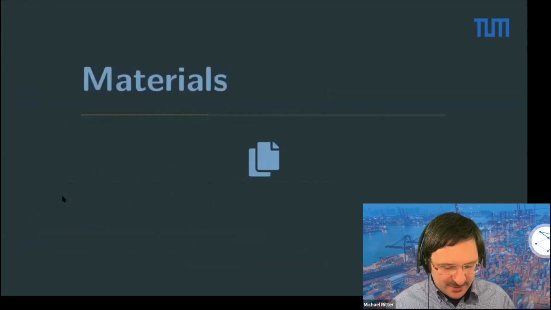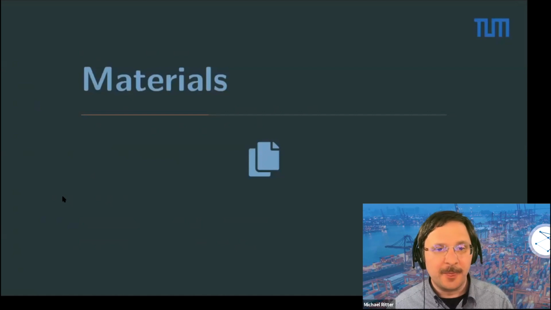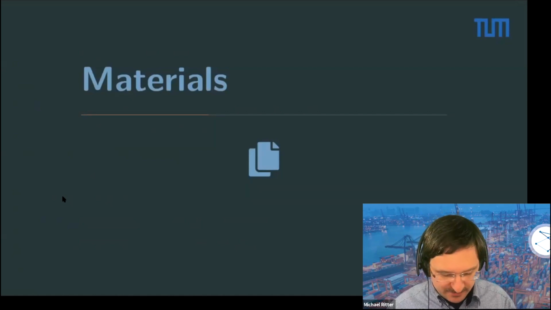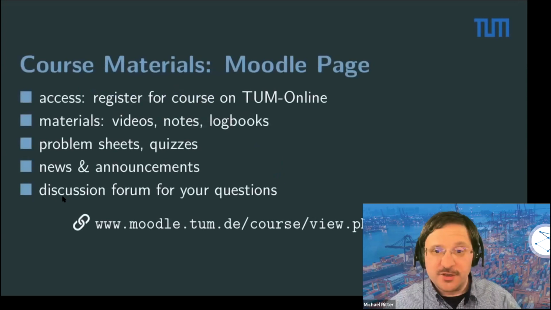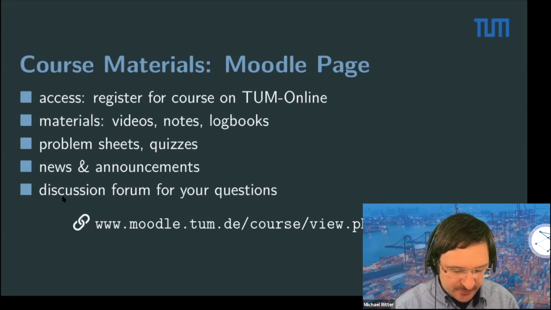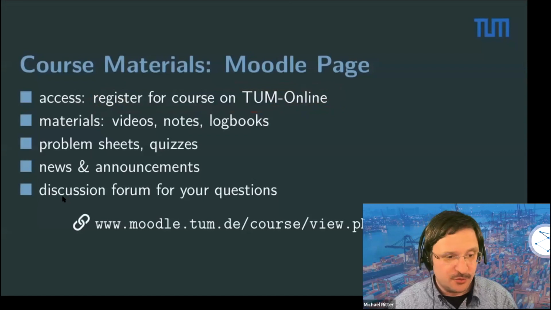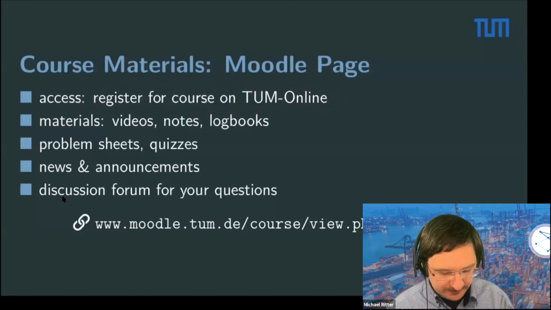Okay, so that much about the contents. Materials, that's not different from Math 1, basically. All the course materials are available on Moodle. To access our Moodle page, please just register for the course on TUM Online, specifically for the lecture. If you've done that, you will have access to the Moodle course automatically.